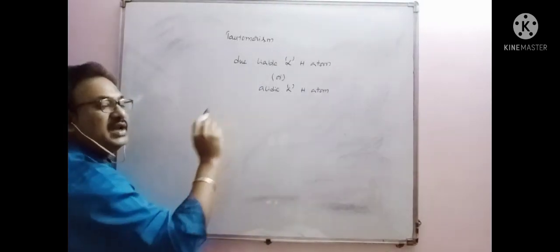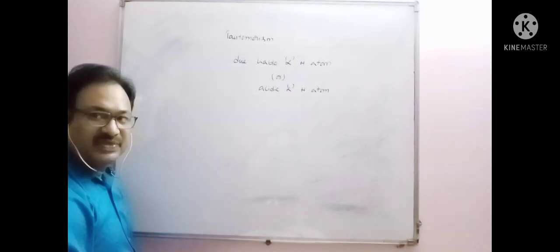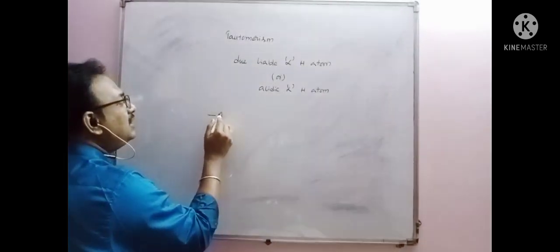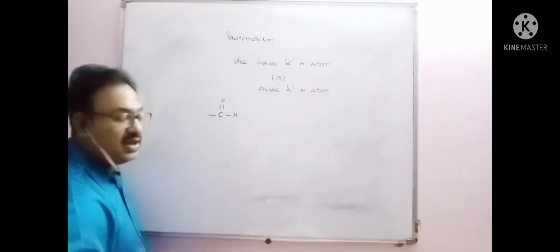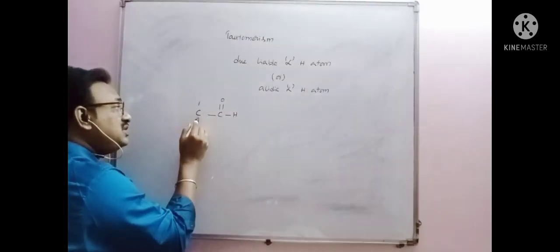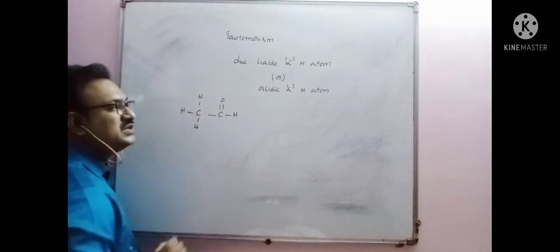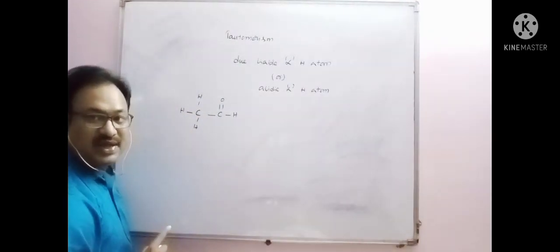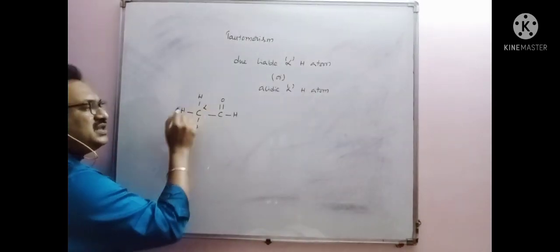Now, what kind of functional groups can exhibit this tautomerism? Like an aldehyde group, or better to say a carbonyl group, but it must have an alpha hydrogen atom. At least one alpha hydrogen atom must be present. So this is an aldehyde which has an alpha carbon and 3 alpha hydrogens.